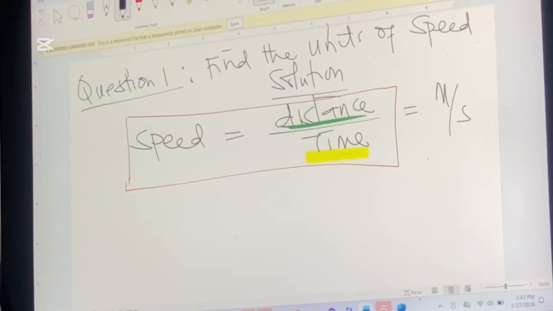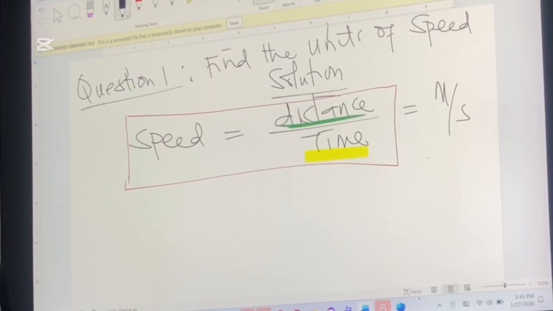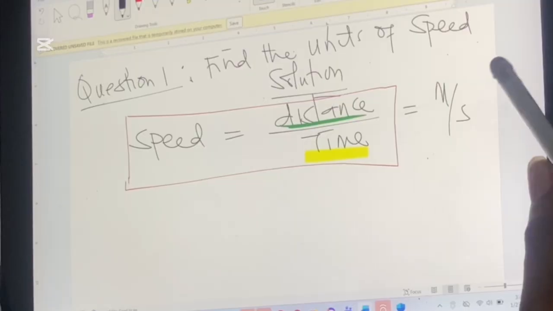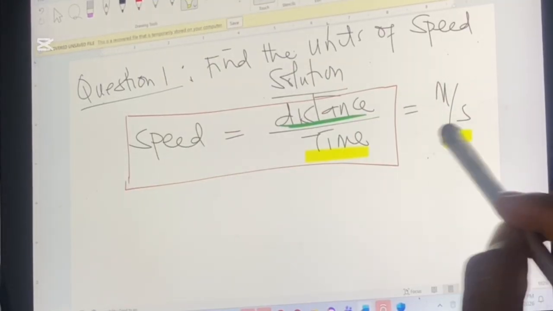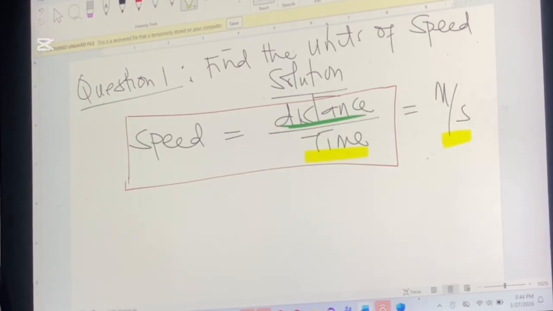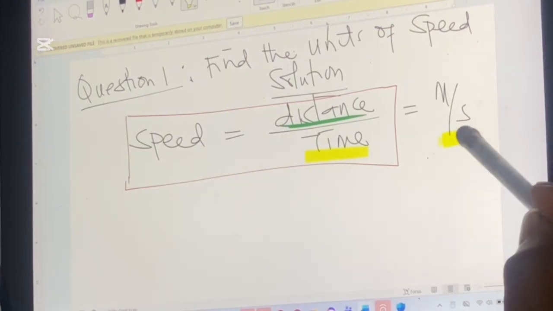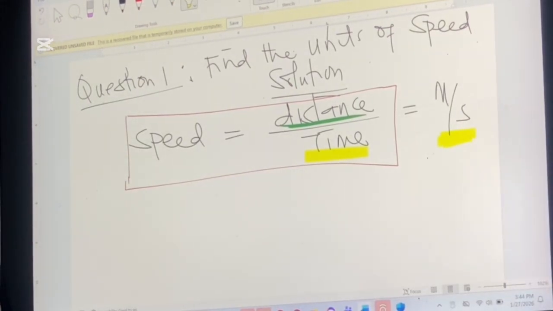Okay, now this is the answer, but it must be expressed in a linear form, not in a fraction. Please take note. Whenever you're expressing a unit, it must be expressed in a linear form, not in fraction. Now, how do we express this here in a linear form? Before we do that, there is a law we have to understand.